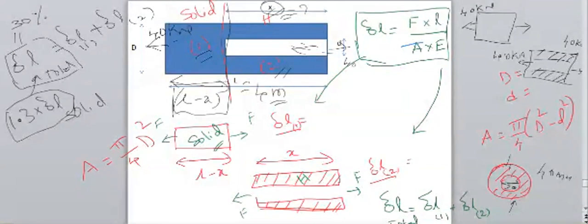If I cut it, I need to consider the 40 kilonewtons at the cutting region on both sides. I can consider the right hand side for the first section and the left hand side for the second section.